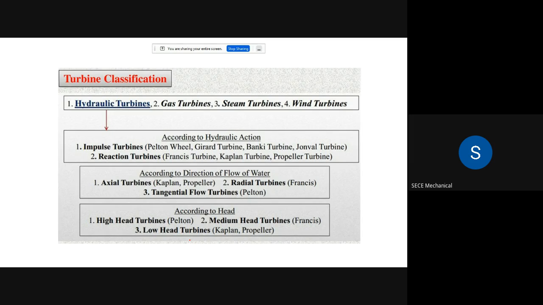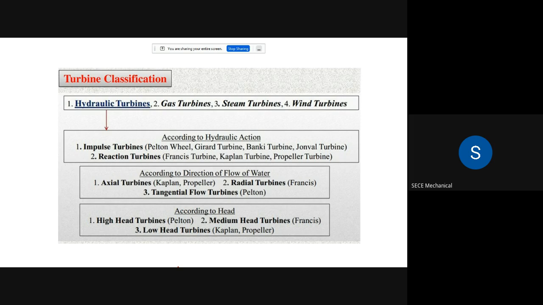Now, if you look at these hydraulic turbines, there are two general classifications. One is the impulse turbine and the second one is called the reaction turbine. Okay? The term impulse means a sudden force, right? When a high velocity jet of water strikes a rotating blade, there is a sudden impact.